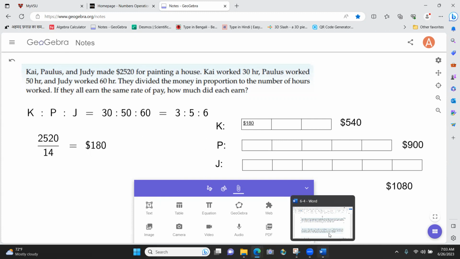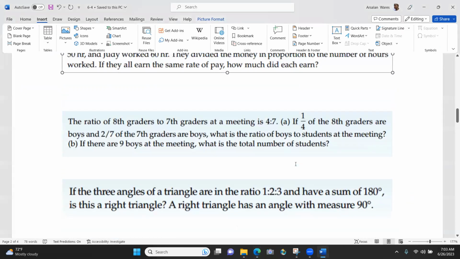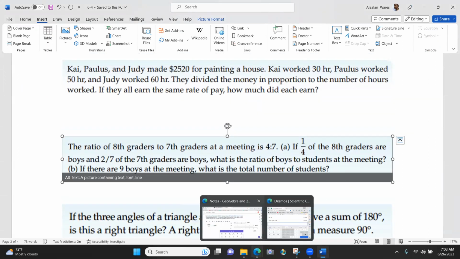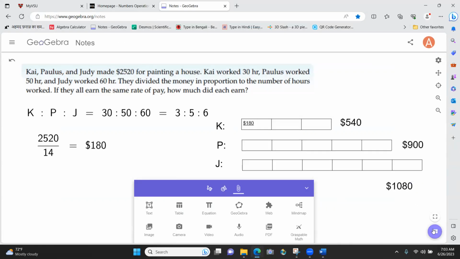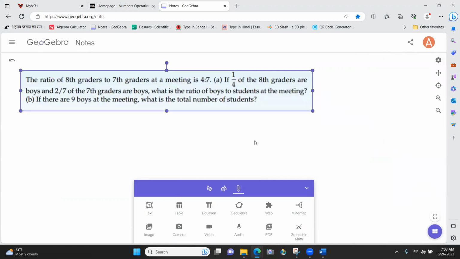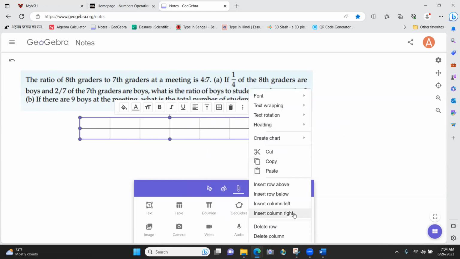All right, guys. We have one more problem that I want to do for you. Let's do this one. The ratio of the eighth graders to seventh graders at a meeting is 4 to 7. So let's do it. 4 to 7. So I need a lot of boxes. 11 altogether.